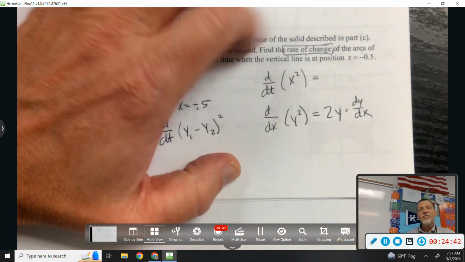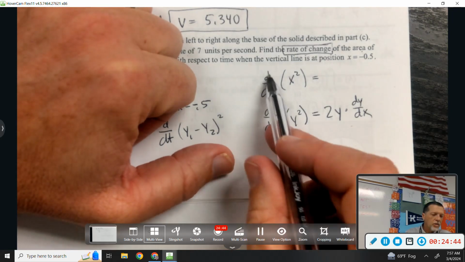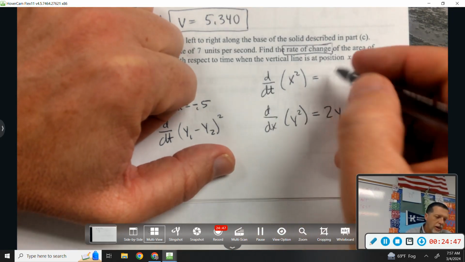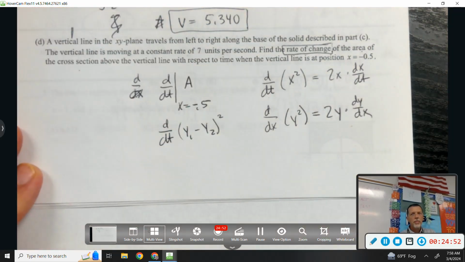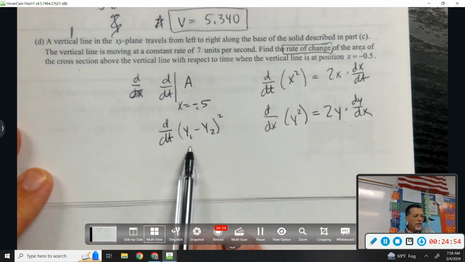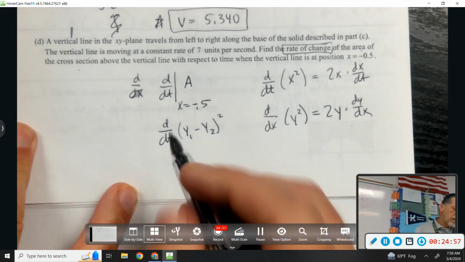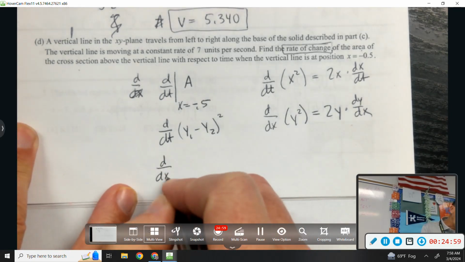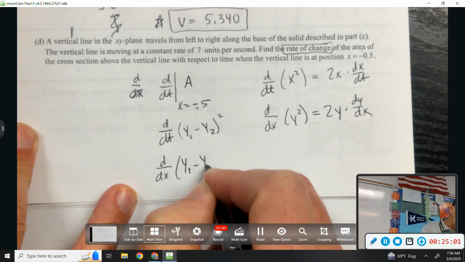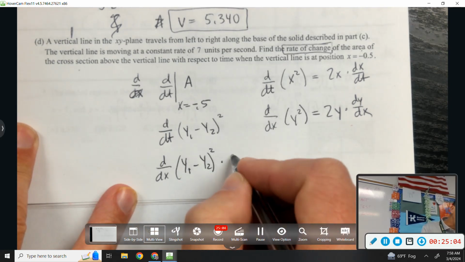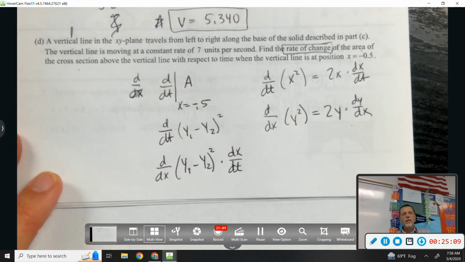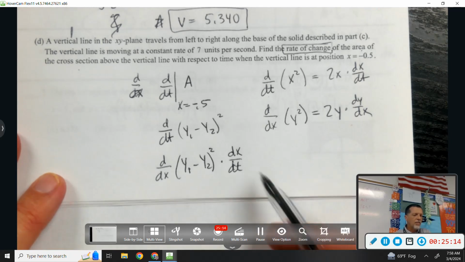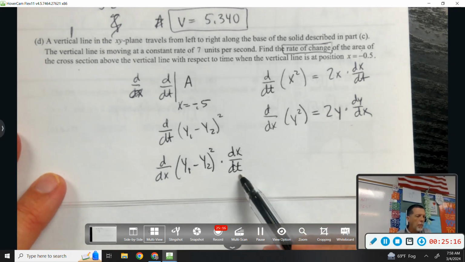It's a chain rule kind of thing. So d/dt of x squared would be 2x, but also dx/dt. So the derivative of y1 minus y2 squared, like the calculator can do y1 minus y2, the derivative of that squared, but then we need times dx/dt. That's the change in x with respect to time.